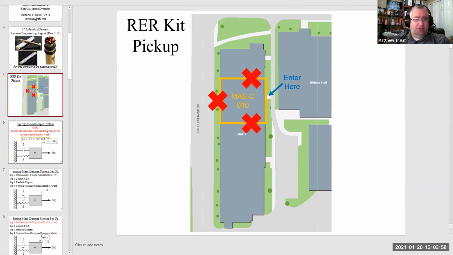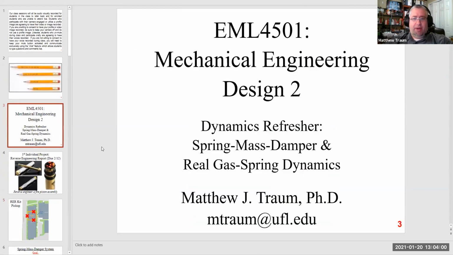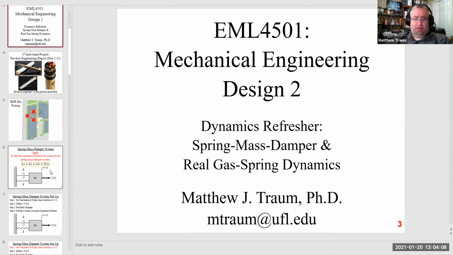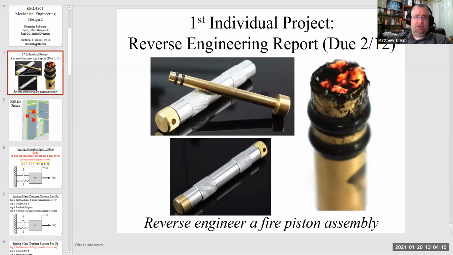All right. So we were meant to talk about mass spring dampers, which is a topic in dynamics. And I'm going to, as I've done before with the thermo and the fluids, tie this in to the reverse engineering report, so that it gives you a leg up, a beginning on the type of dynamics analysis that you might consider doing as part of that report.